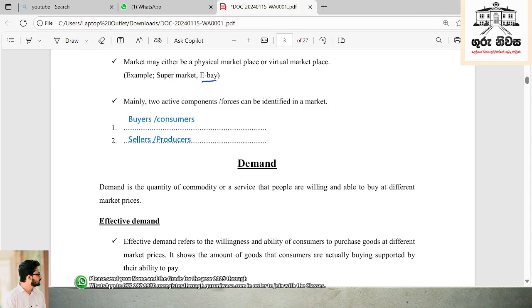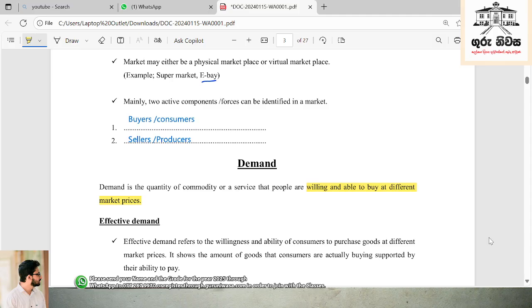Remember these few points. Number one, demand is the quantity of goods and services that people are willing and able to buy at different market prices. In demand analysis in economics, price and quantity demanded are connected.